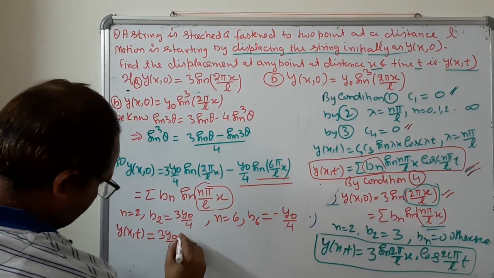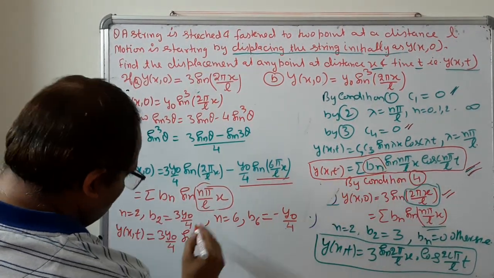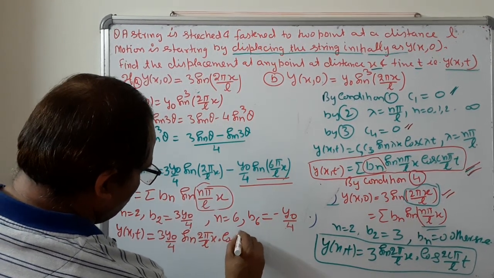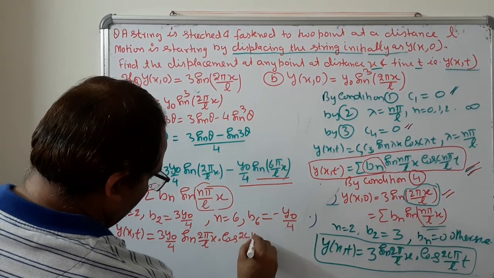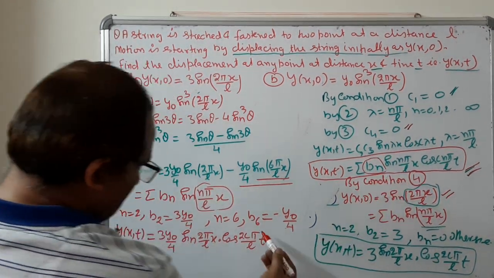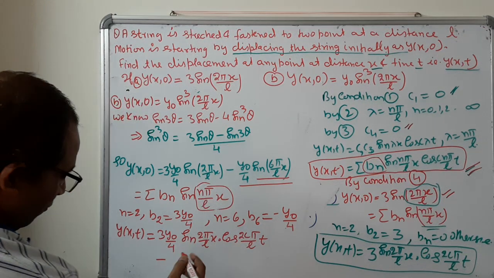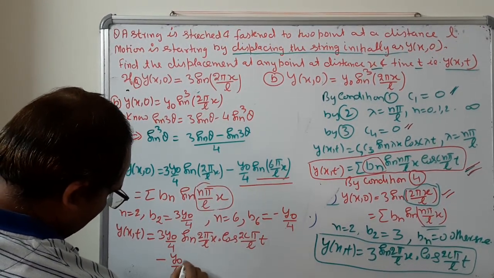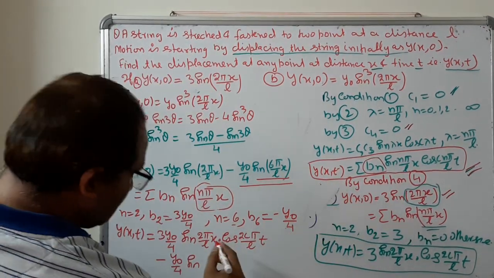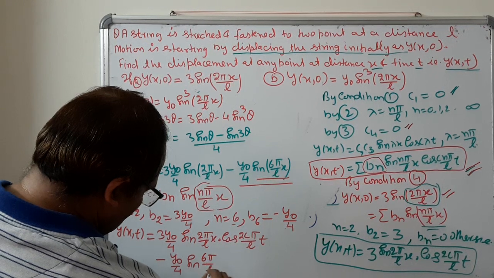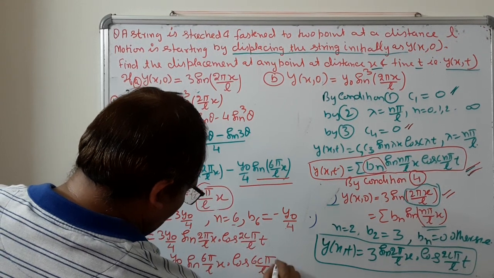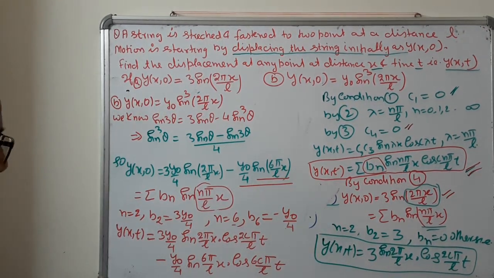This is sin of 2 pi x upon L into cos 2 c pi t upon L. And the next term is B6, and the value of B6 is minus y0 upon 4, minus y0 upon 4 sin, put here n equal to 6. So n equal to 6, that means 6 pi x upon L into cos 6 c pi t upon L. Like this. This is the final solution.